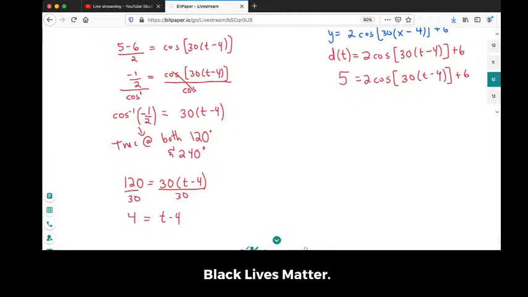Oh, okay. Sorry. My arithmetic got me messed up there. Okay. We're good. I was doing the right thing the whole time. We're fine. So t equals 4 plus 4.